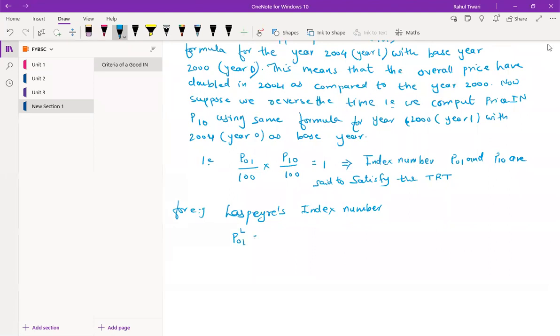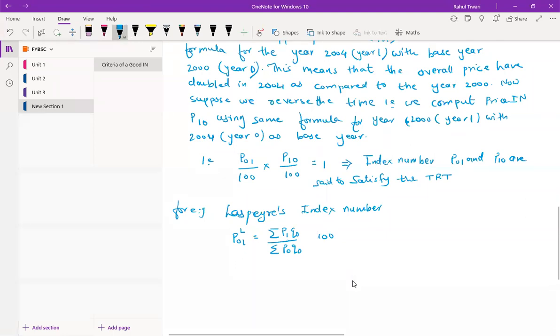P01L is equal to summation P1 Q0 divided by summation P0 Q0 into 100. So the usual formula will be P1 upon P0 multiply Q0, that way you can remember always, multiplied by 100. So this is the formula for your Laspeyres price index.